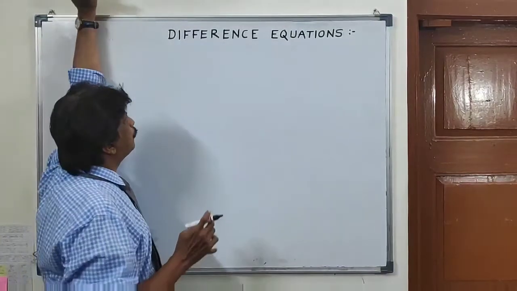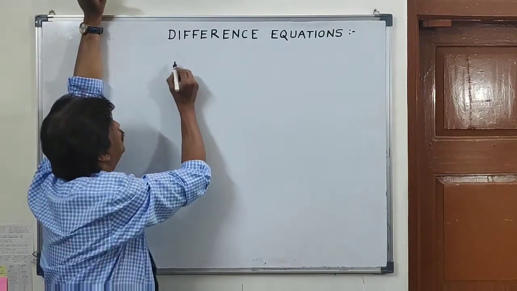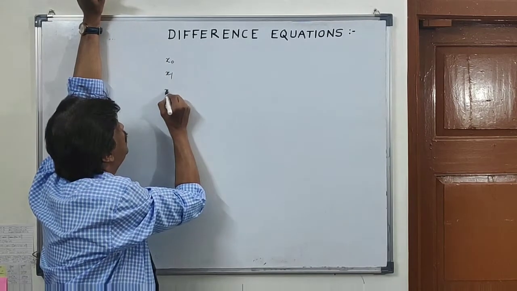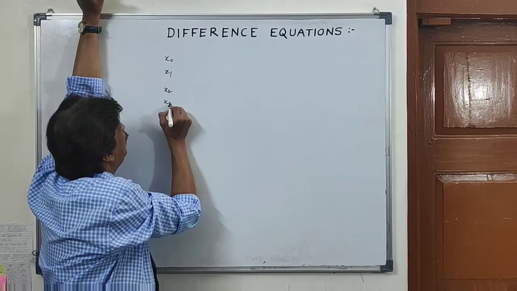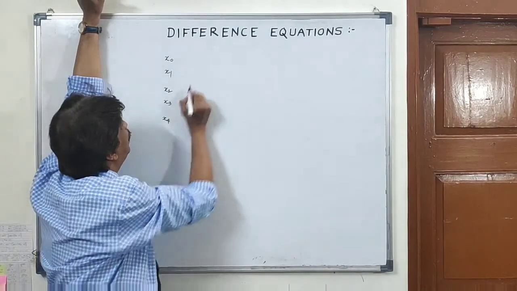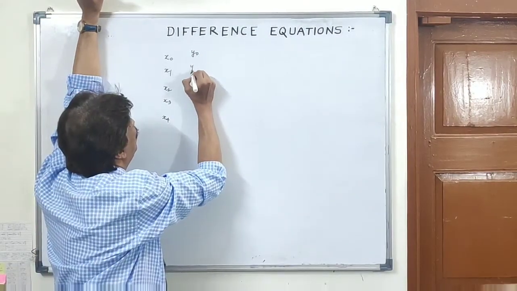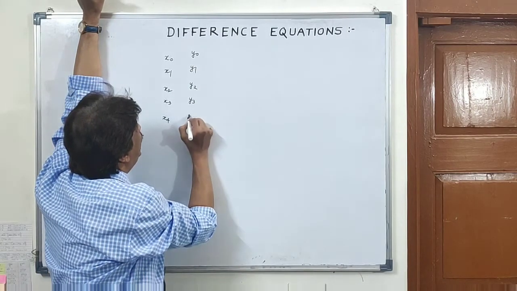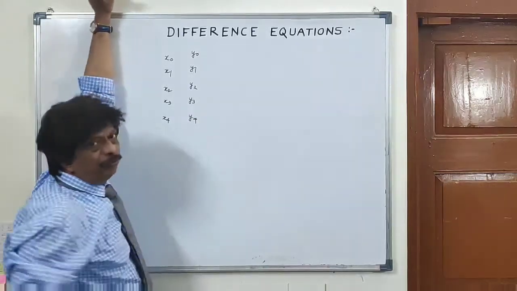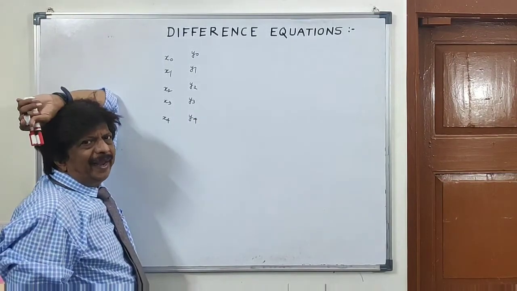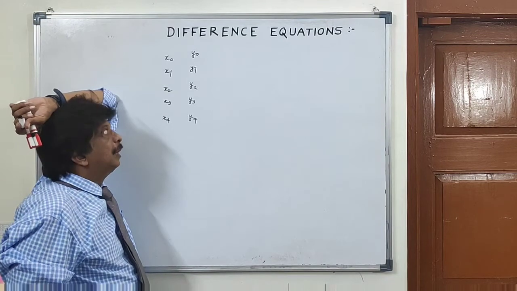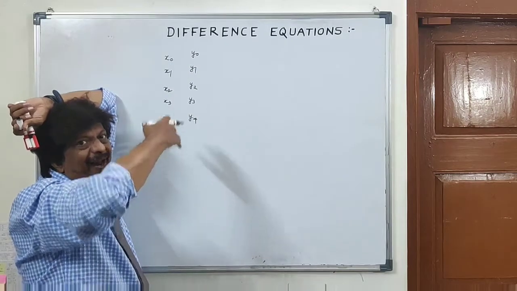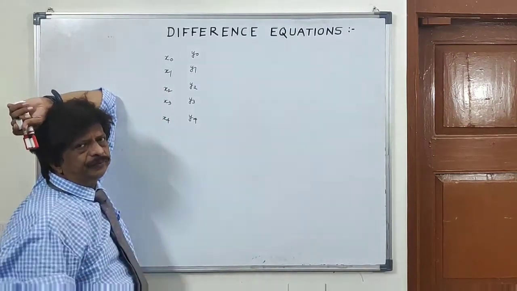Consider this table: x0, x1, x2, x3 and x4, and y0, y1, y2, y3 and y4. The x values are called the arguments, and the y values are called values.